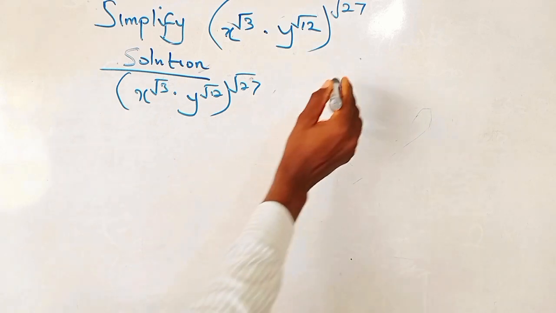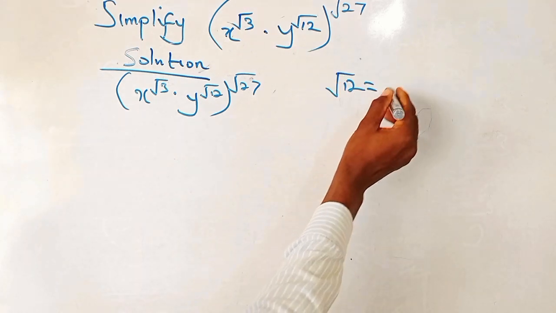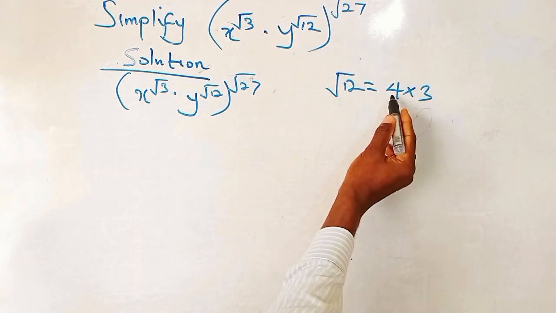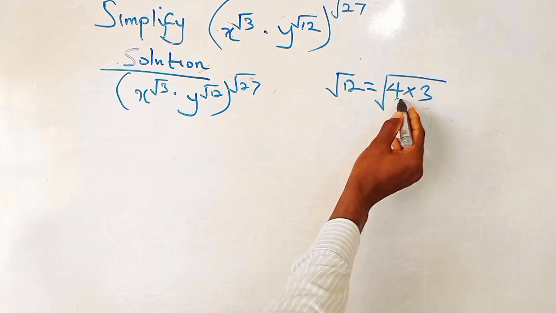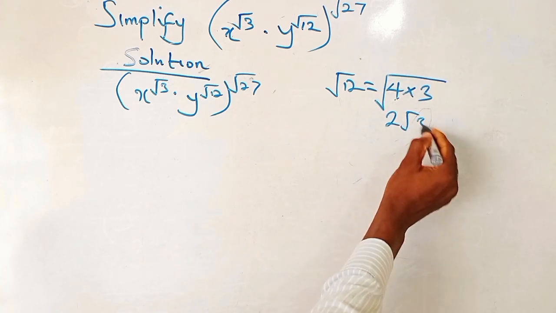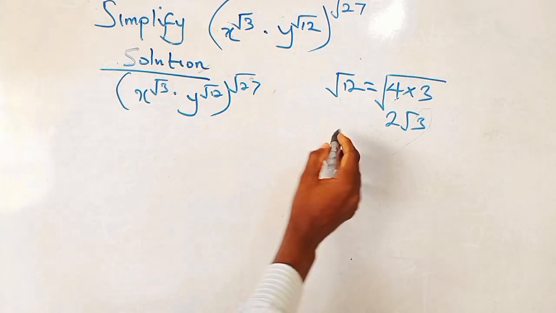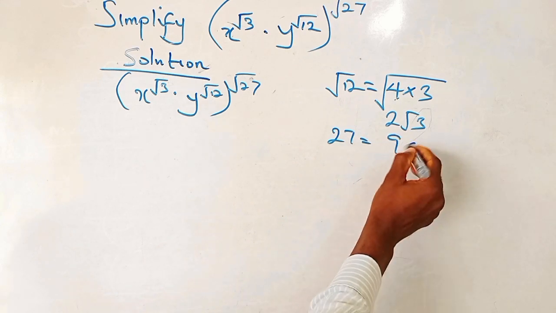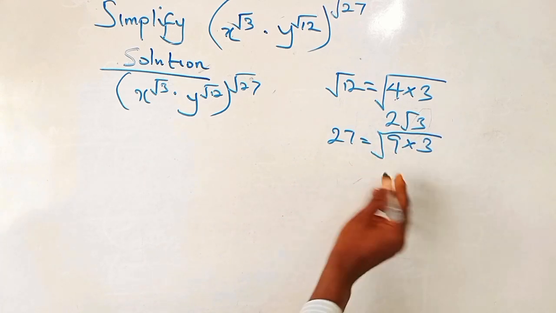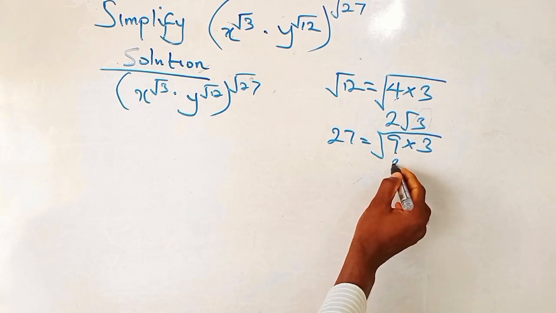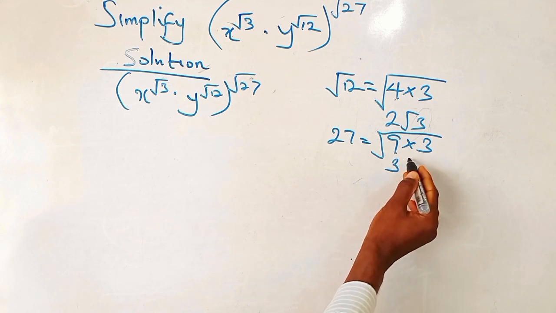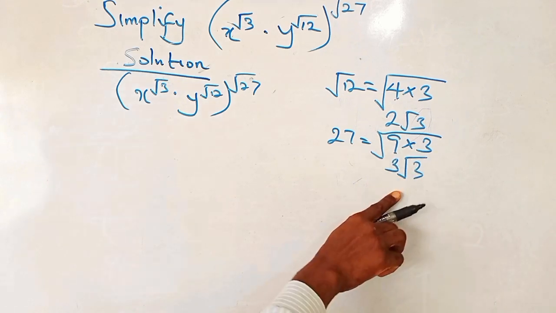For root 12, the factors of 12, we can easily find the factor 4, so we have 2 root 3. And for 27, we can use 9 and 3. We can easily find the square root of 9, so we have 3 root 3.